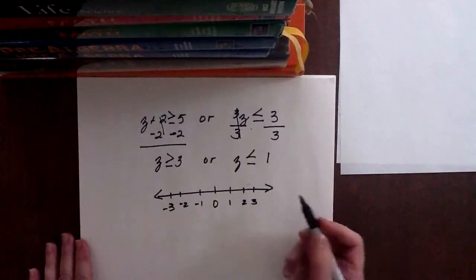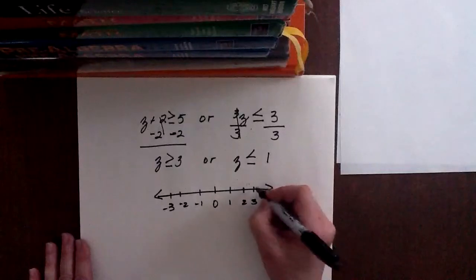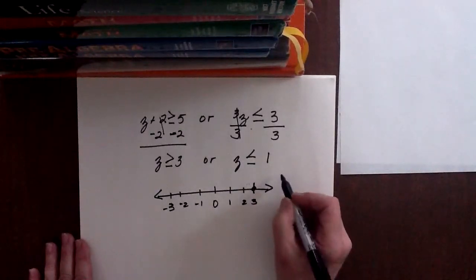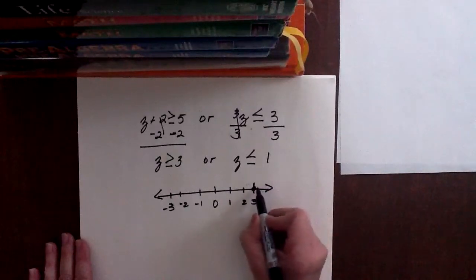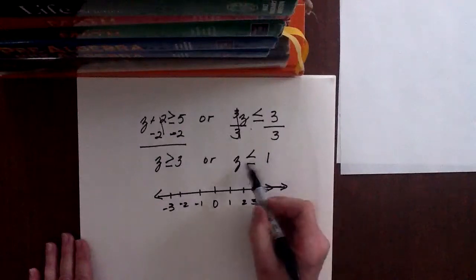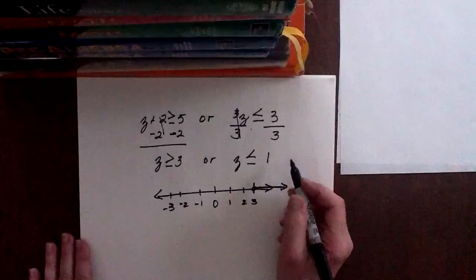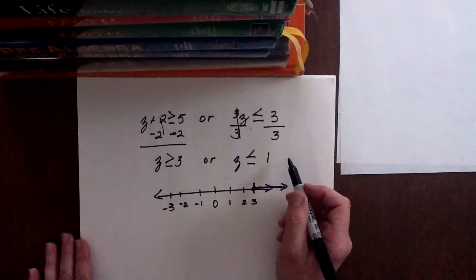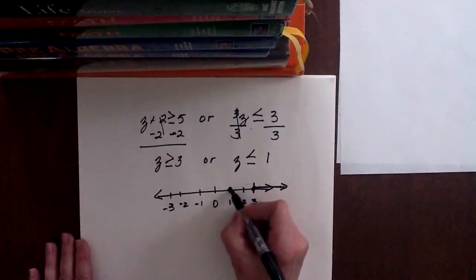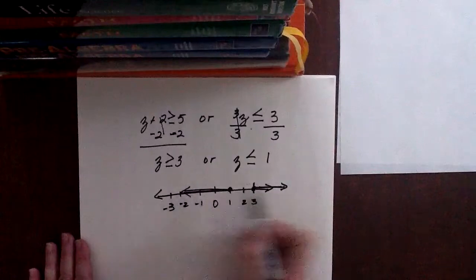That's important because if it's equal to, it indicates how we're going to mark the initial point, and this one will be filled in because 3 is included in the solution set, and everything is going to go in this direction. In this case, we've got z is less than or equal to 1, so we're taking our dot, putting it here, and continuing on in this direction.